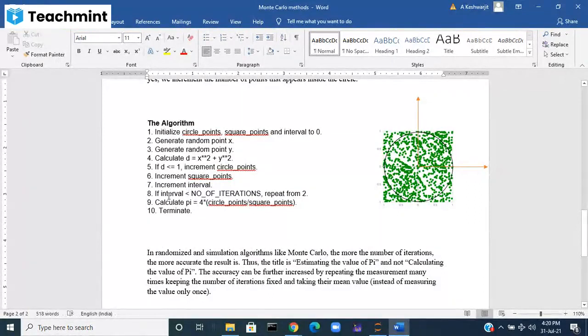Initially the interval was 0. So after one increment, step number 7, the interval becomes 1, 0 plus 1. And if the interval is less than the number of iterations, then repeat from step 2.